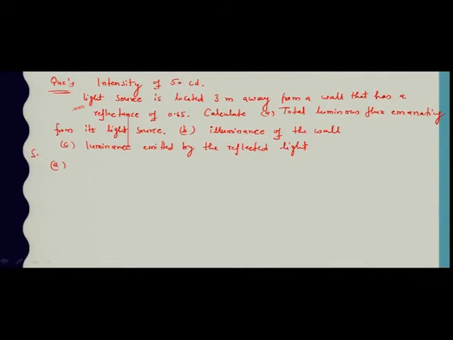So the solution I am discussing here: the total luminous flux emanating from the light source is F equals 4 pi I. You have the value of I as 50 candela, so you can put 4 pi times 50 candela, whatever comes out in lumen. B, the illuminance of the wall, can be found as E equals I upon D square.